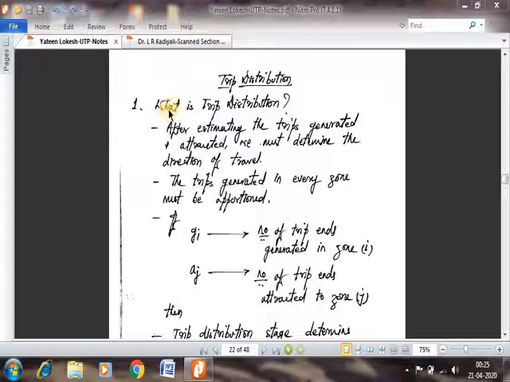So in the beginning you are supposed to understand what trip distribution is actually about. After estimating the total trips generated and attracted, we must determine the direction of travel.